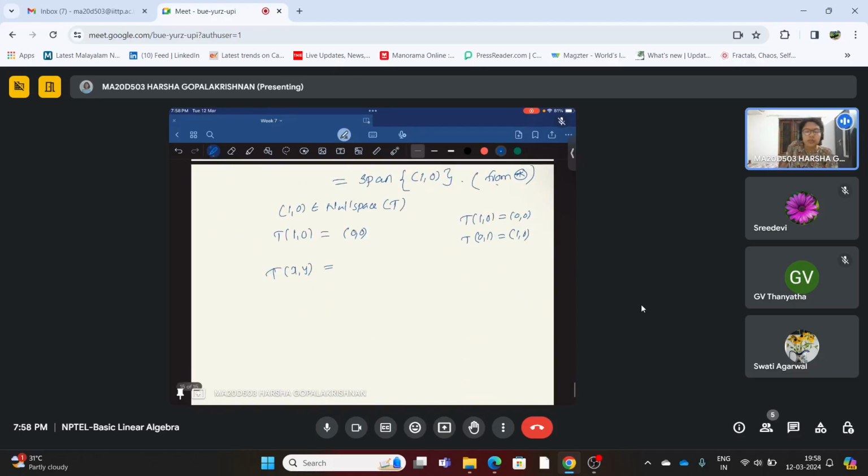So what is T of (x, y)? In the basis we have defined T. How will we write T of (x, y)? (x, y) is x times (1, 0) plus y times (0, 1). Now you can say what T of (x, y) is.